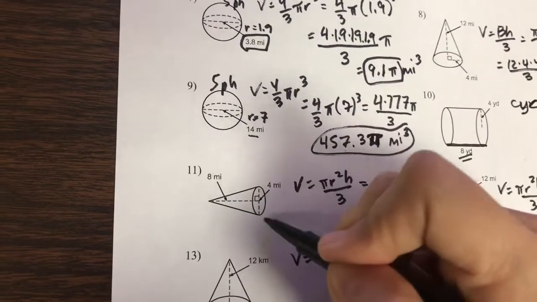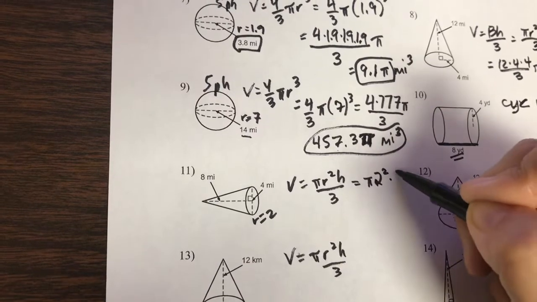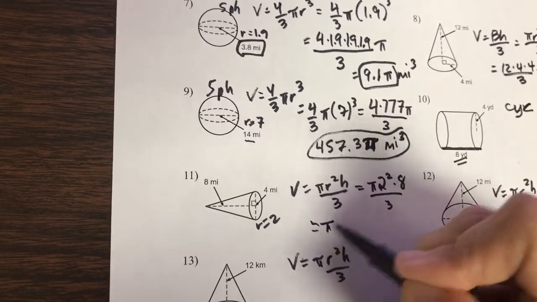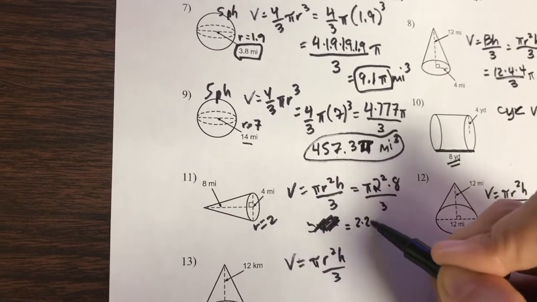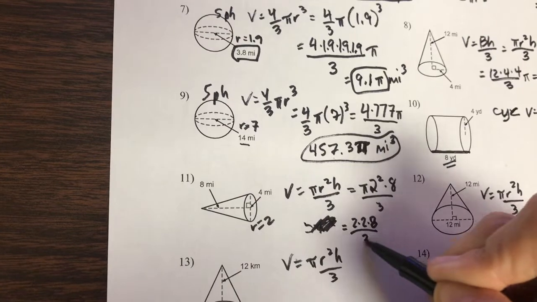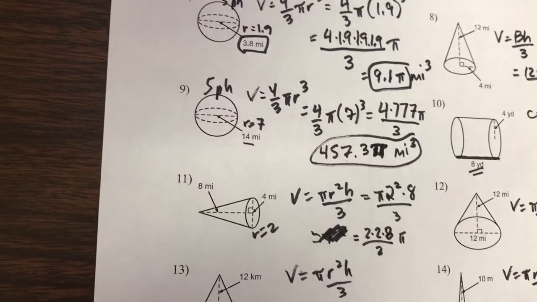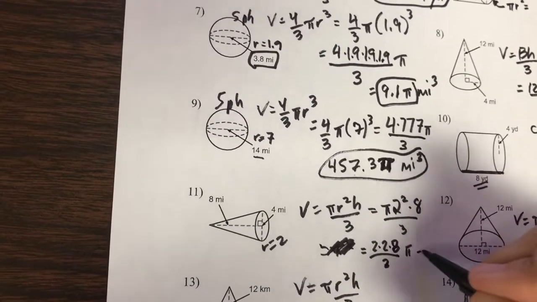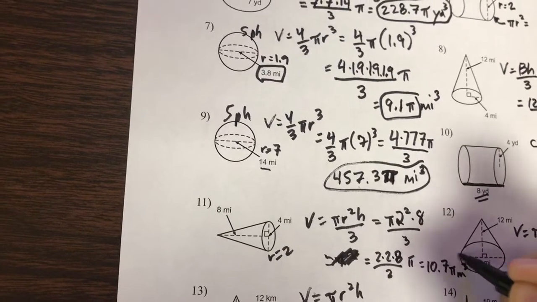And so here, the radius would be 2, so pi 2 squared times 8 over 3. 2 squared times 8 over 3 pi. .7 pi miles cubed.